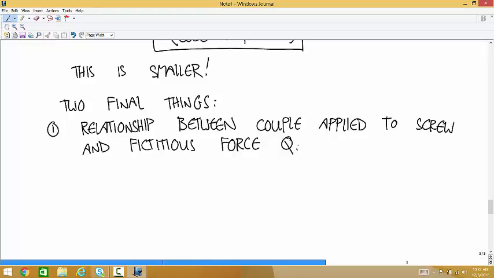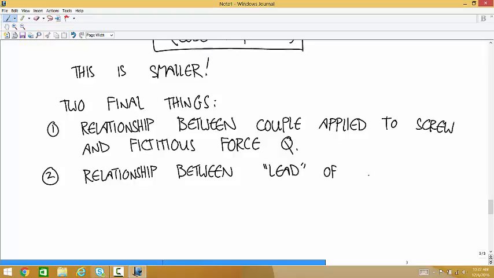And the second thing we have to do is find the relationship between the lead of the screw and the angle theta.